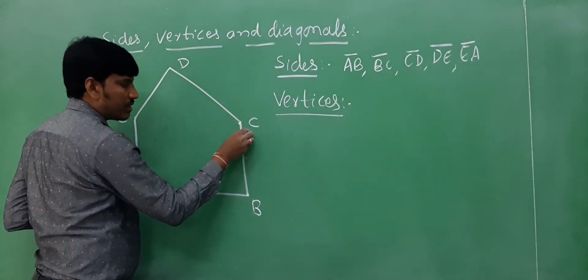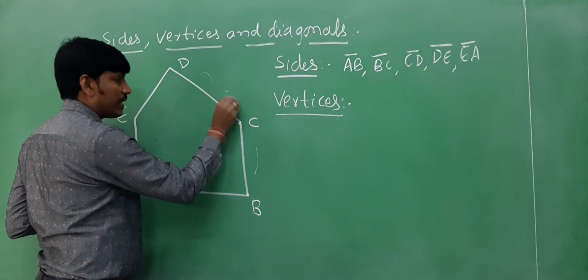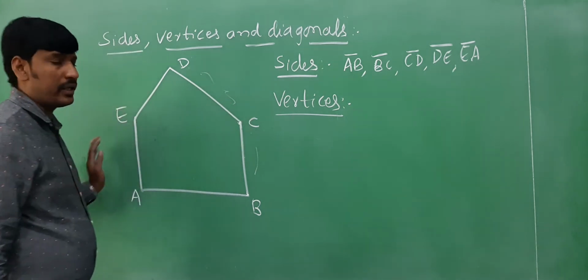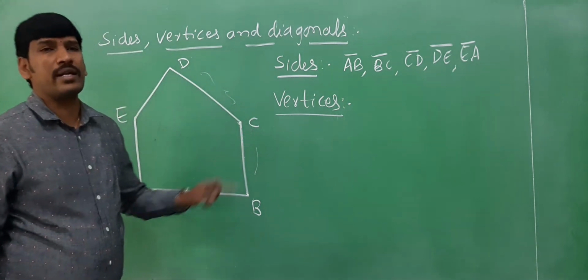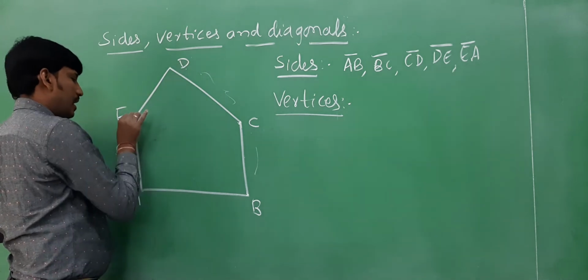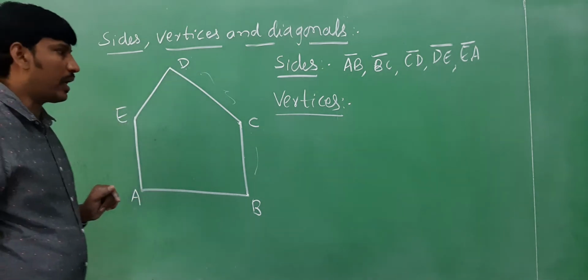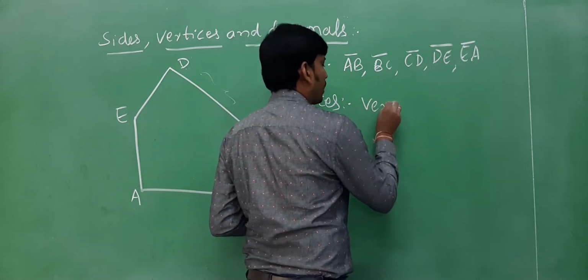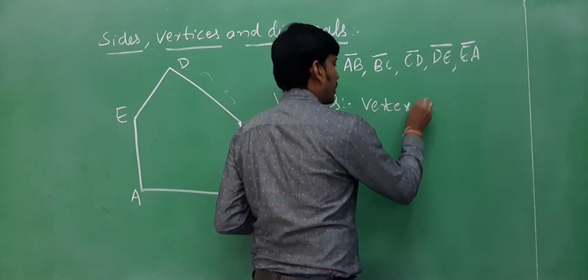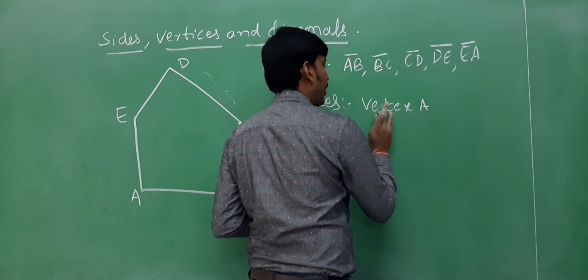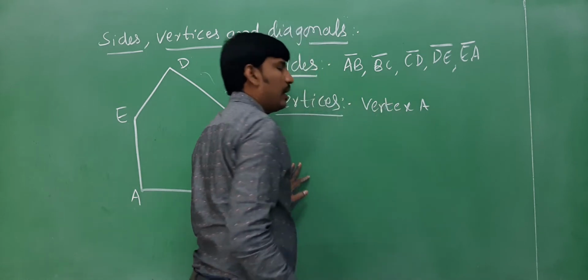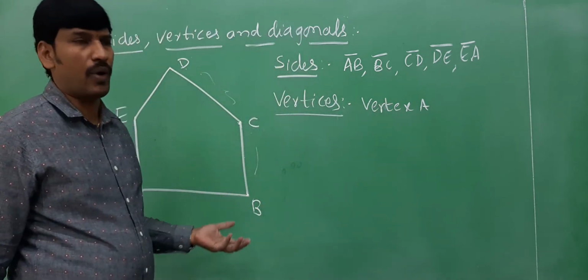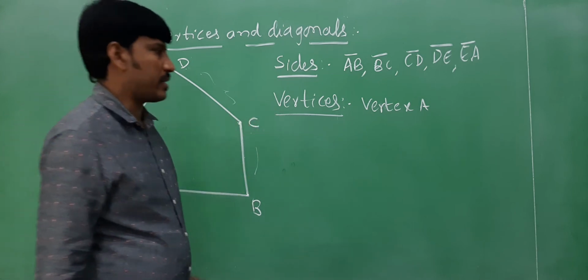For these sides, C is the common point. Then C is called a vertex. Even D and E and A also. Now what are the vertices here? You can call it vertex A. If it is only one, you can call it a vertex. If it is more than one, you call them vertices.